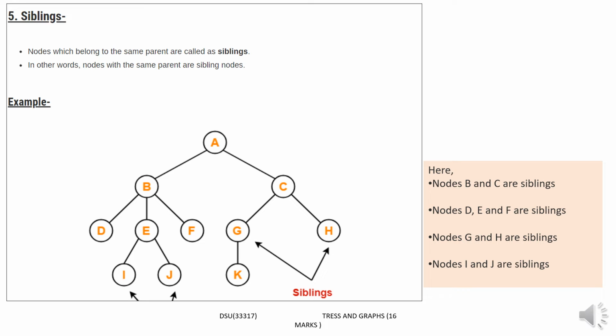So in this binary tree, G and H are the siblings, children of C. Then D, E, F are the siblings, children of B. We can say that nodes B and C are siblings, nodes D, E and F are siblings, nodes G and H are siblings, nodes I and J are siblings. Means nodes with the same parent are known as siblings.